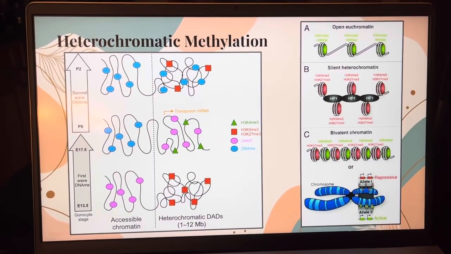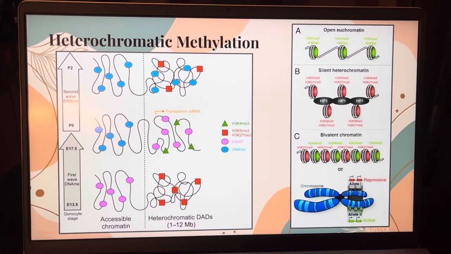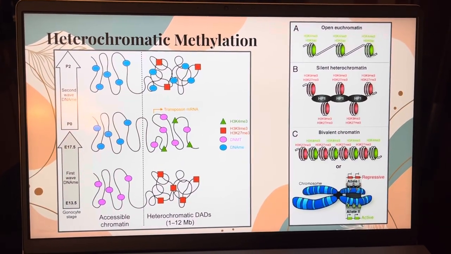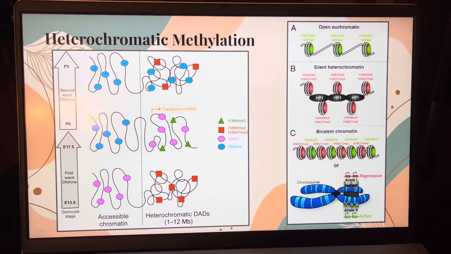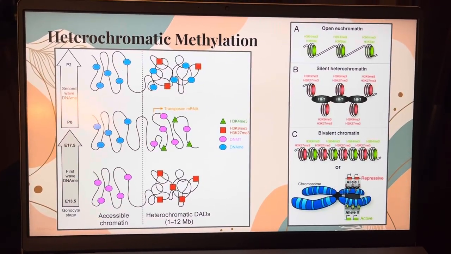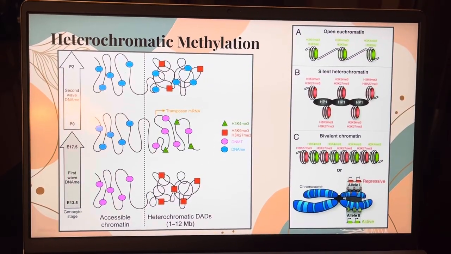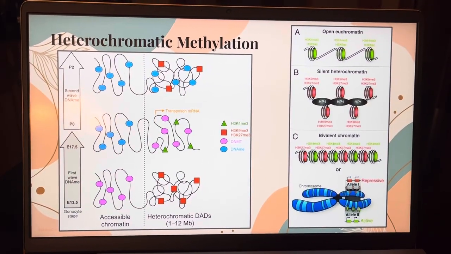heterochromatic methylation. This process is effective at maintaining chromosome stability by preventing translocations and other chromosomal abnormalities. Heterochromatin is a fundamental architectural feature of eukaryotic chromosomes that endows particular genomic regions with specific functional properties.